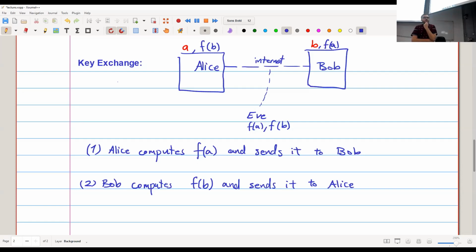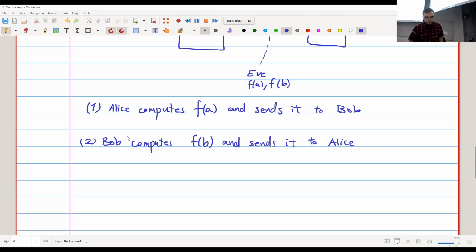So I want to somehow come up with a computational problem such that if you have A and f of B, you can compute it easily. And also, if you have B and f of A, you should be able to compute the result easily. But it should be basically impossible to compute the same result using f of A and f of B. Okay? So this is the goal.